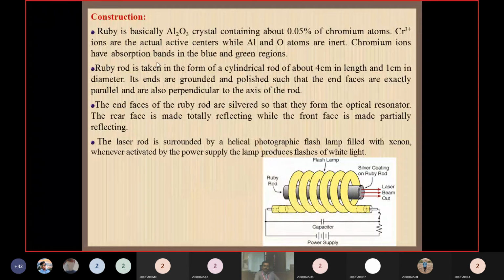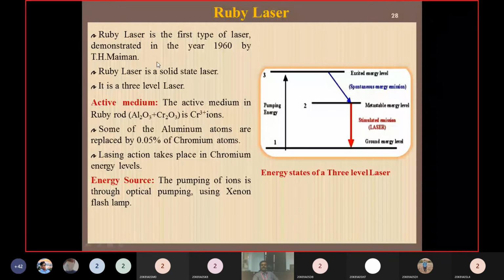So this is the first laser, prepared in 1960. It is a solid state laser, and it is a 3-level laser system.